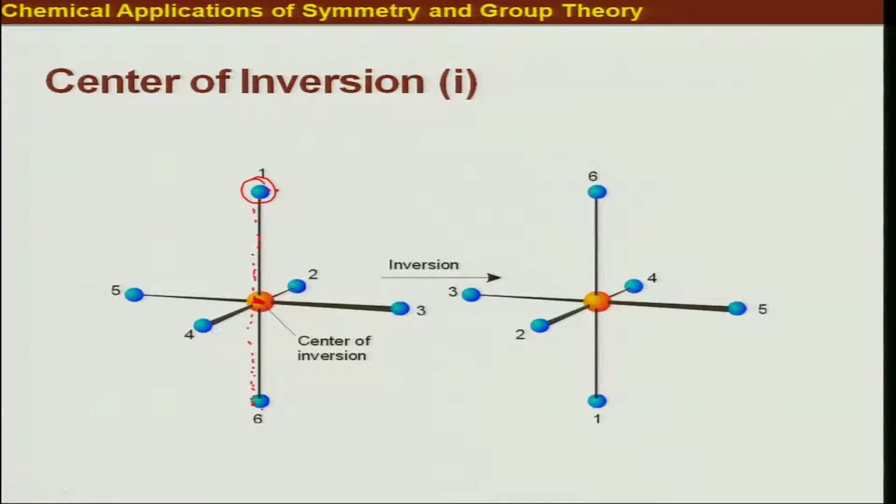Similar thing will happen for 3. 3 will go to the place of atom 5, 2 will come to the position of 4, and 4 will go to the position of 2. 5 will come to the position of the 3rd chlorine atom, and 6 and 1 will interchange their positions upon this inversion symmetry operation.